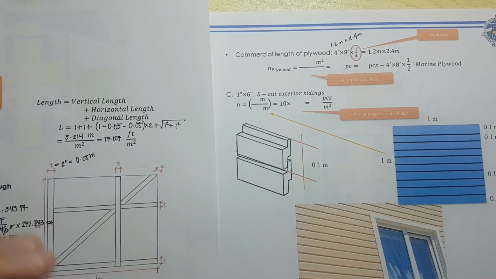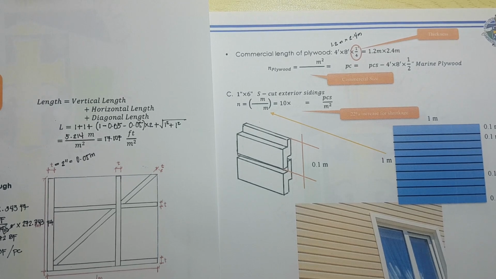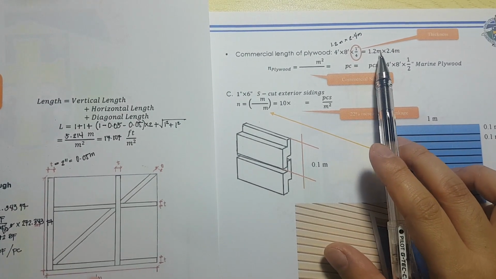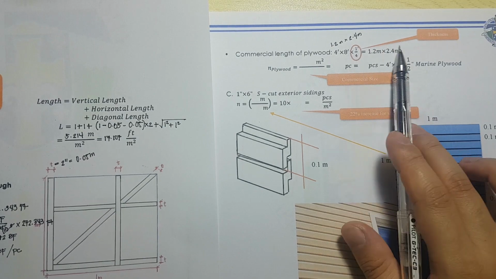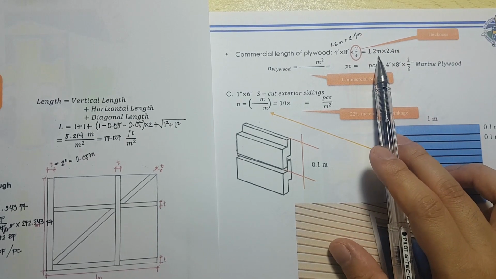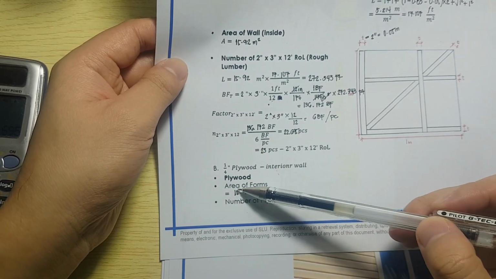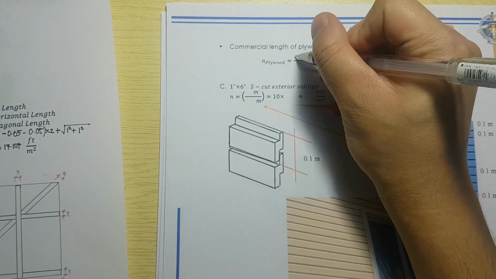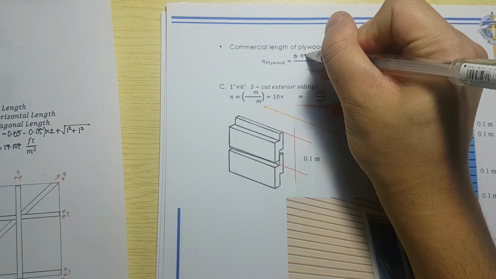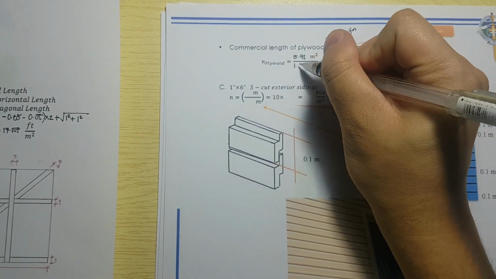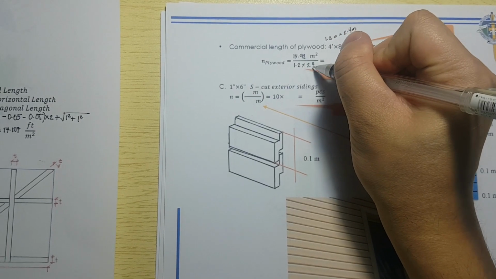Now for the thickness, it varies depending sa pangailangan or sa specifications, okay, sa materials natin. But this is not common, but this is the commercial size of the plywood. Now for the number of plywood, we simply divide the area that we were able to solve, and that is 15.92, by the area of the plywood, that would be 1.2 by 2.4.